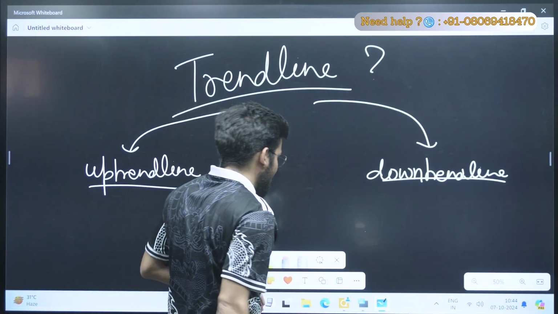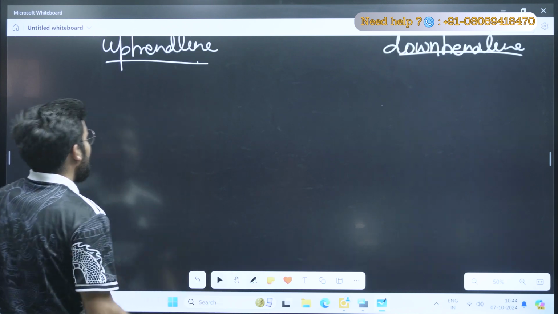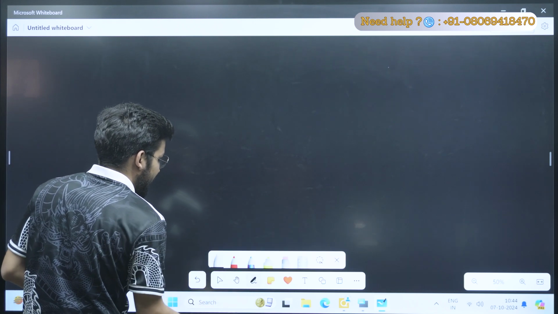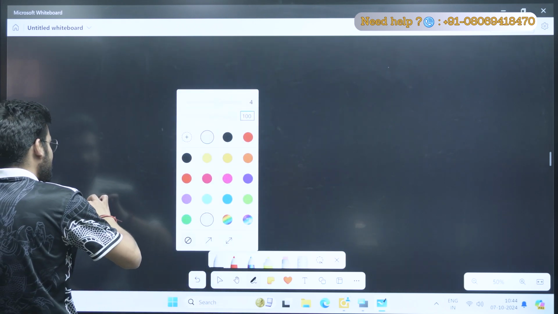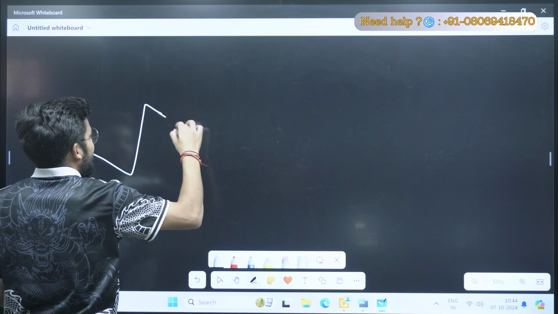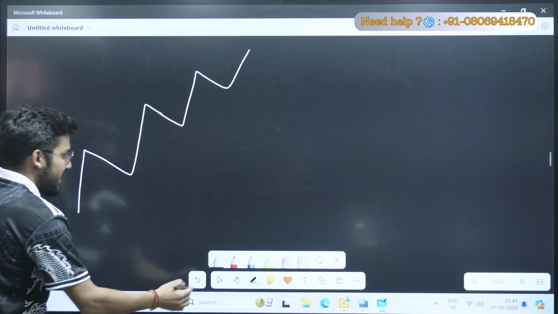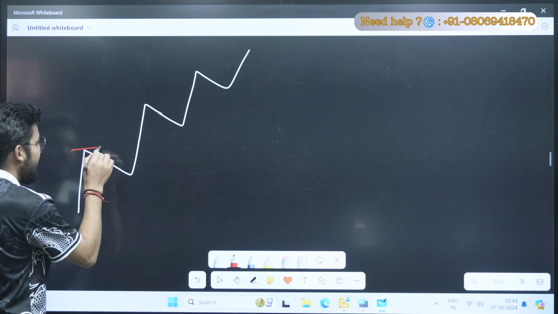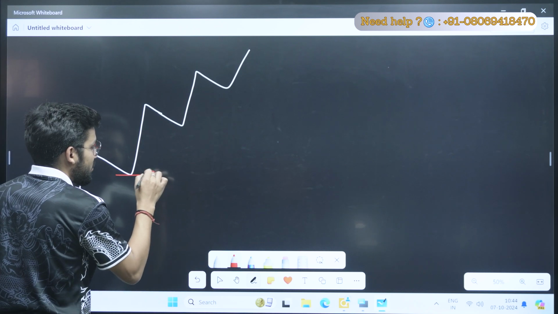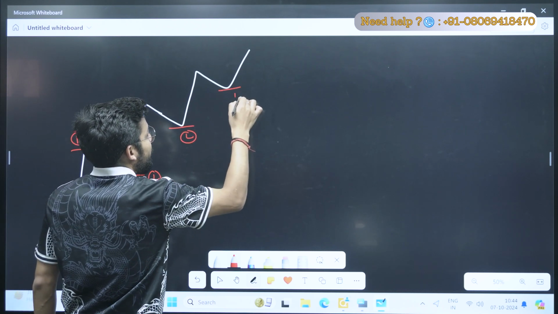Now how does it look? I'll also show you once. Whenever there is an uptrend and your market is going in the bullish direction, for example like this, how is it an uptrend? Because every time there is a new high, every time there is a new low. So this was your first low, then your second low, then your third low, right?